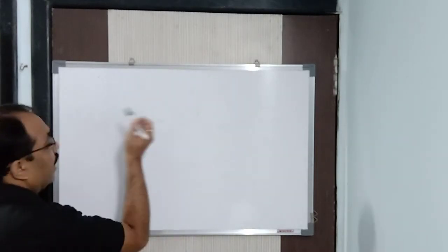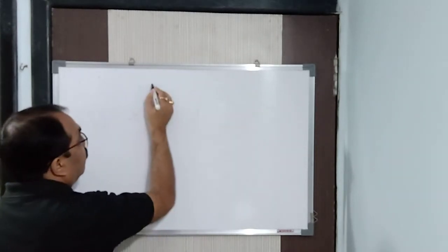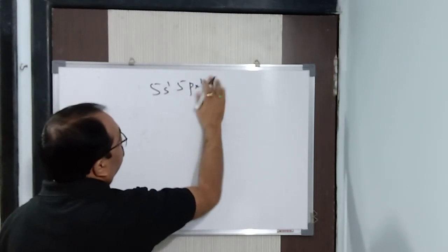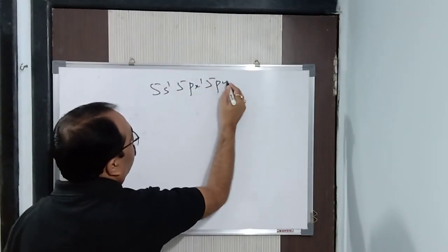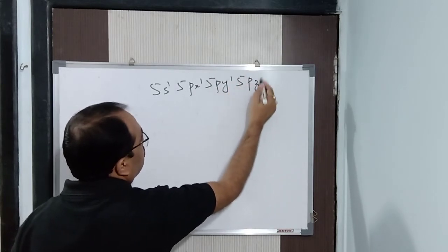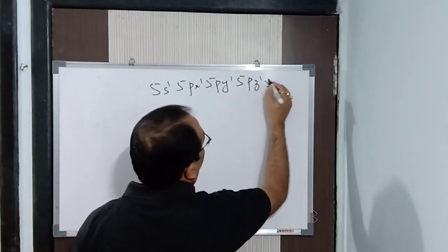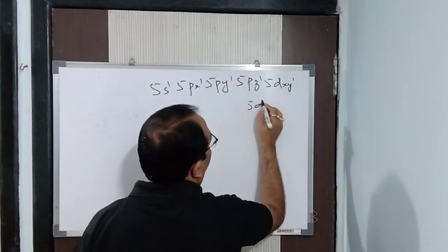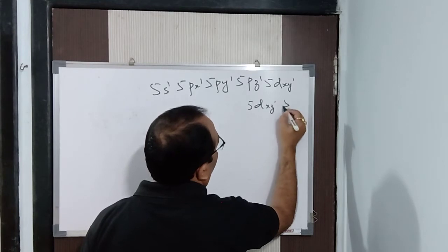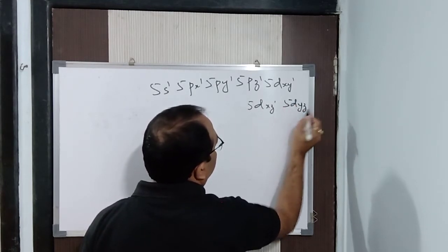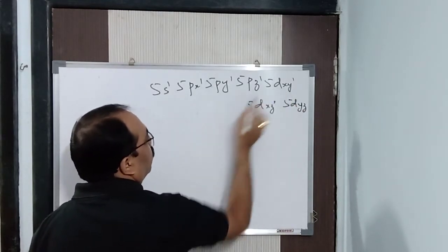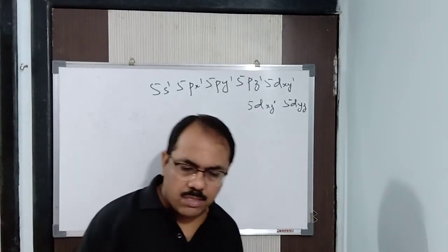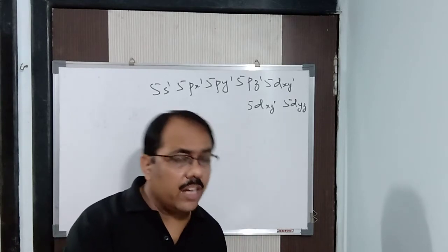Clear? In case of iodine, I am drawing only the outermost shell. I am writing the electronic configuration. That is 5s1, 5px1, 5py1, 5pz1, then 5d, which one? xy. Then 5d xz and 5d yz. You know, in the d subshell there are 5 orbitals. Out of that, 3 are planar and 2 are axial.